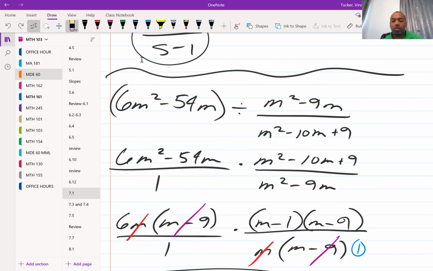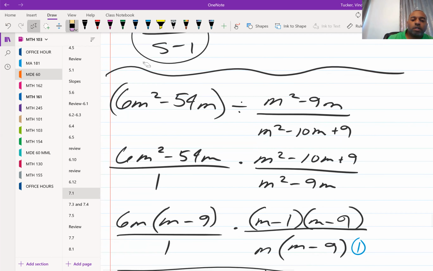Go ahead and factor. If we factor, that'll be 6m times (m - 9). Then the next numerator will be (m - 1)(m - 9). Then that second denominator, m times (m - 9).